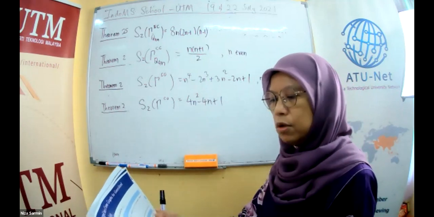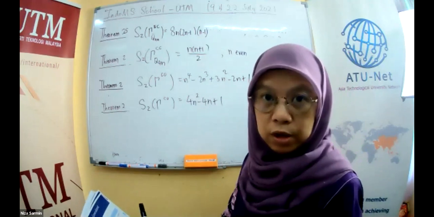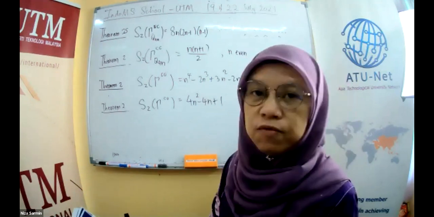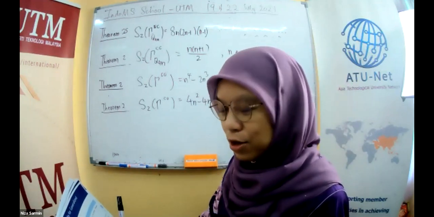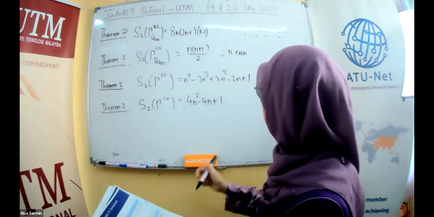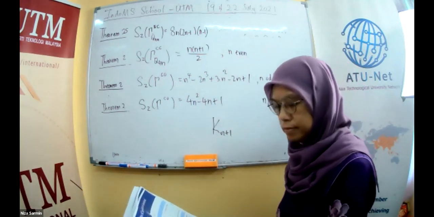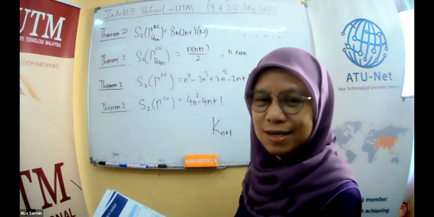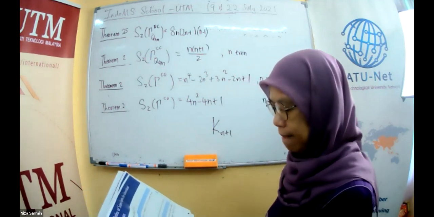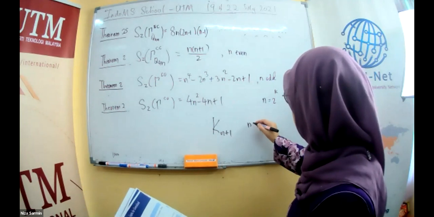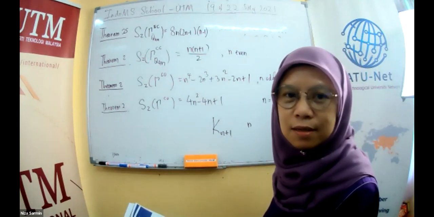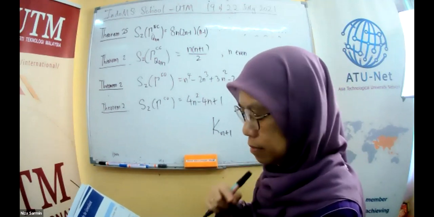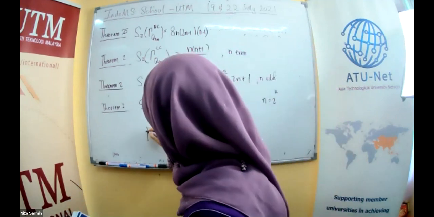Now if you look back in proposition 12, the conjugacy class graph of the generalized quaternion group when n is even is a complete graph. It's a complete graph of n plus 1 vertices. How many edges then? If the vertices are n plus 1, then the edges will be n.